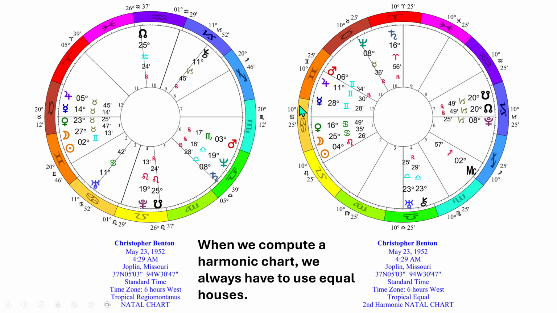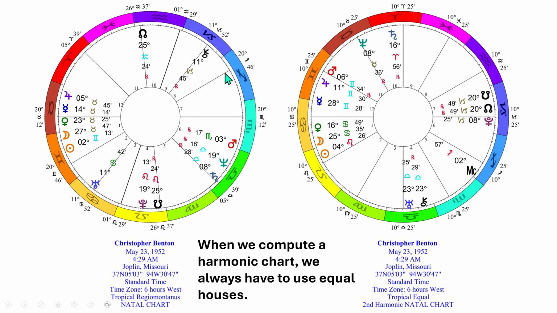Well, there's problems with that. For one thing, when you do that, you don't always get things back in ascending order in terms of distance from 0 Aries. So the house cusps over here are not always going to be in the right order.